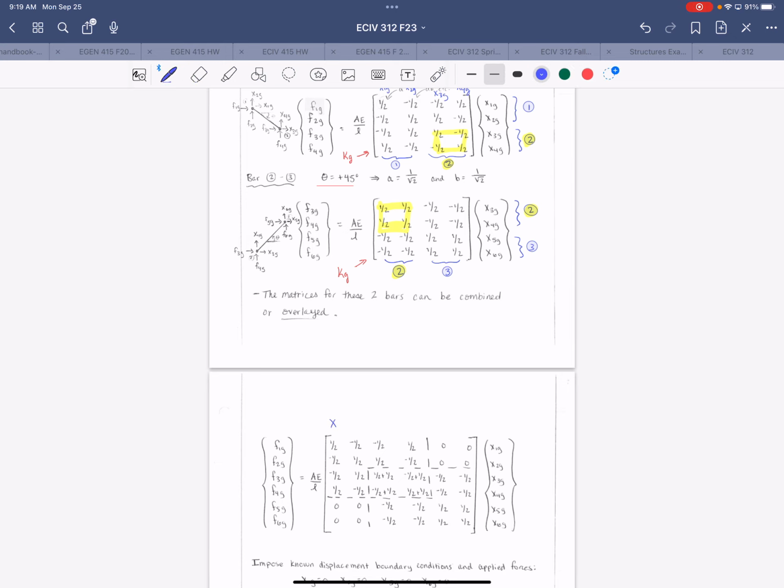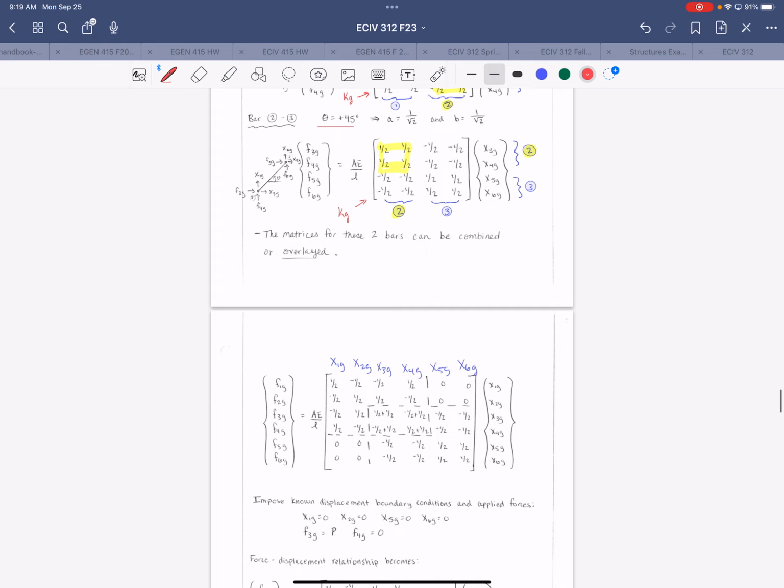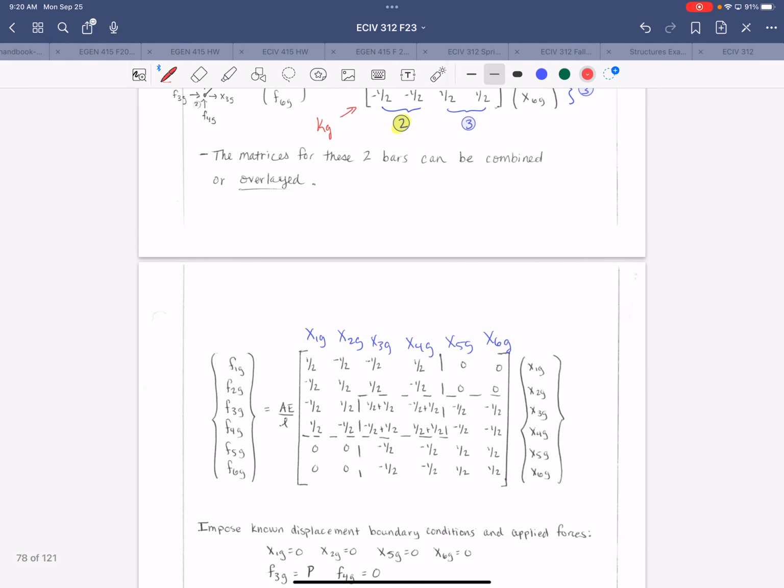So I'm going to label our overlay columns: node 1, node 2, and node 3. Here at node 2 is where that overlay occurs.